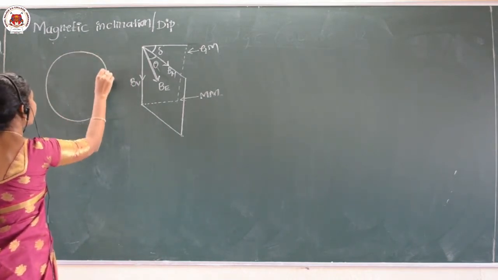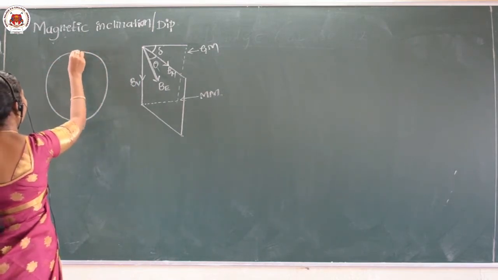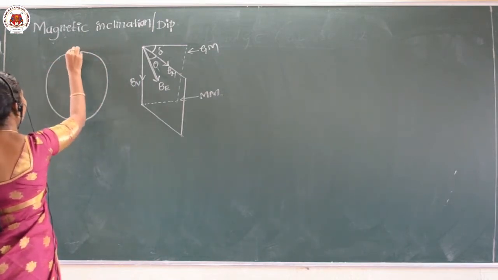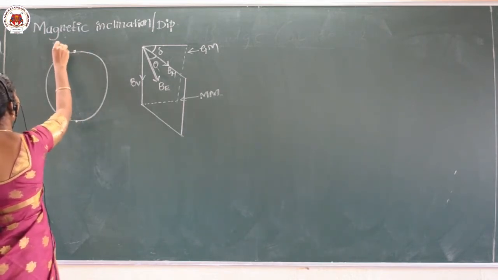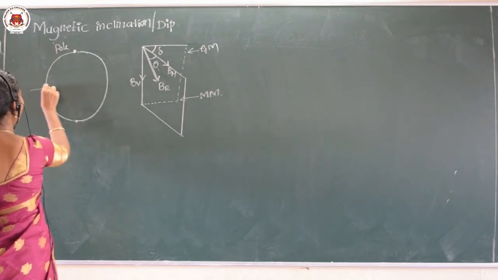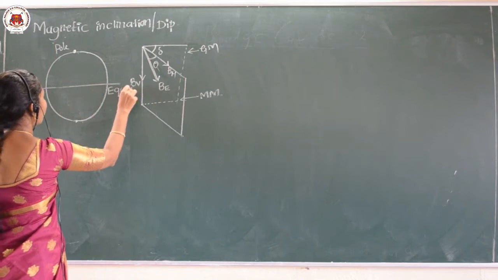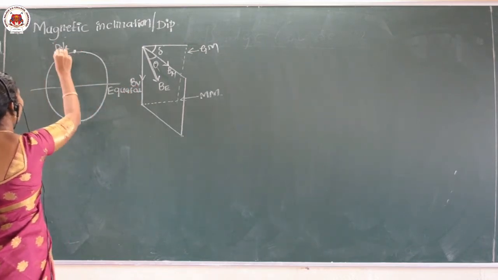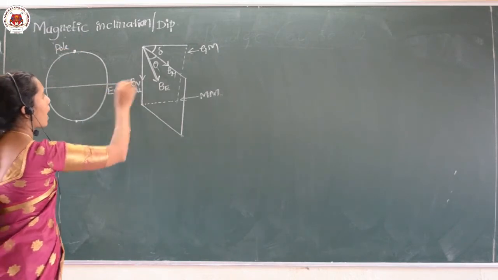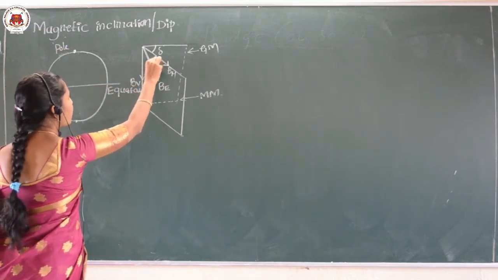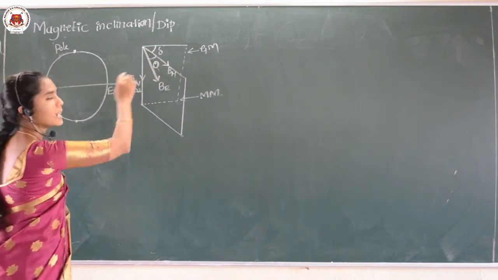This is the surface of the earth, and here these two are the pole regions and this is the equator region. This is the equator of the earth and this is the pole of the earth. Then what is the value of dip? And remember, in the diagram I am representing the dip as an angle theta.